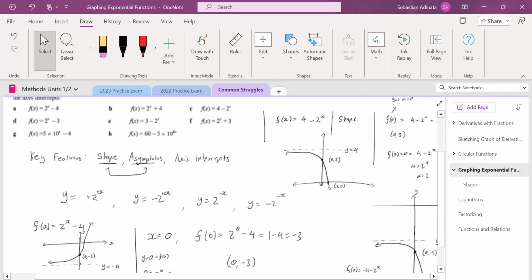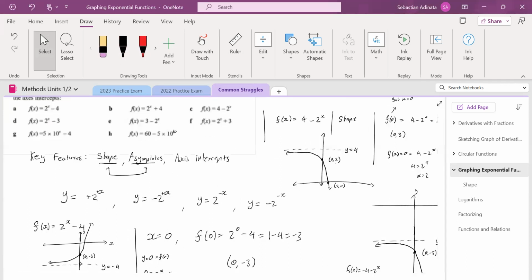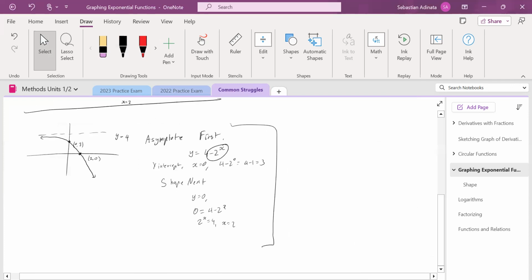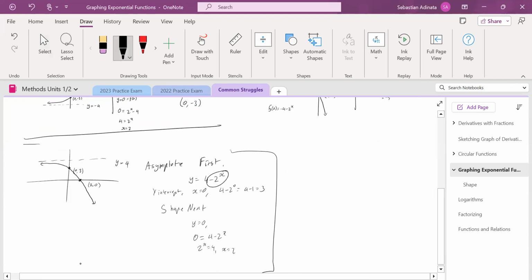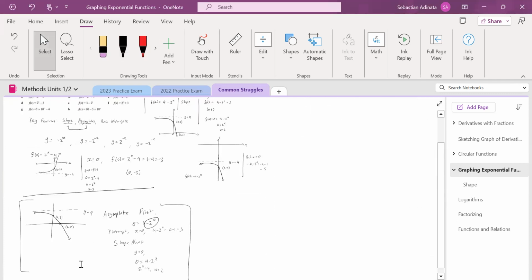Basically understanding how the shape, asymptotes, and axis intercepts work, and the conditions of what needs to occur in order to graph it. I will say this is probably a more efficient way. So if you want to stick with this one, this is fine. However, both work, and if you can do both, it means you have a solid grasp.